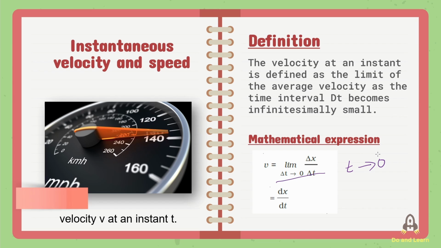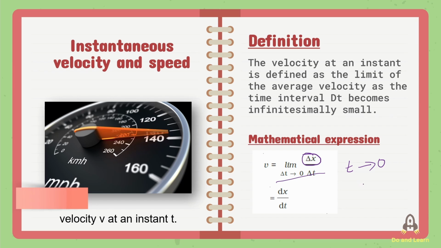So when the speed of a body keeps on changing, its speed at any instant is measured by finding the ratio of the distance traveled in a very short time, that's what delta x is, to the time interval. So this speed is called instantaneous speed, or you can say instantaneous velocity.